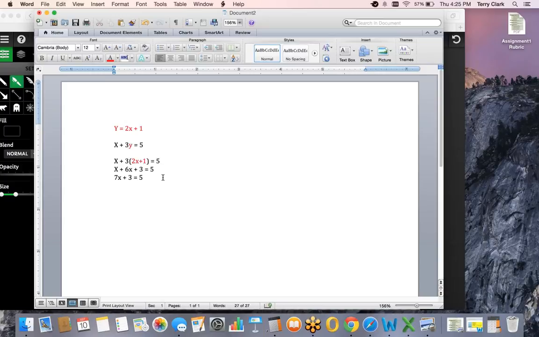And then from there, we'll subtract 3 from both sides. Plus 3 minus 3. 5 minus 3. And that's going to give us, and this one's going to turn out to be a fraction, equals 2.